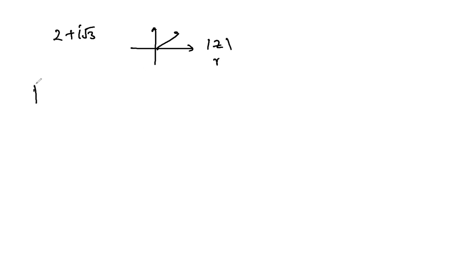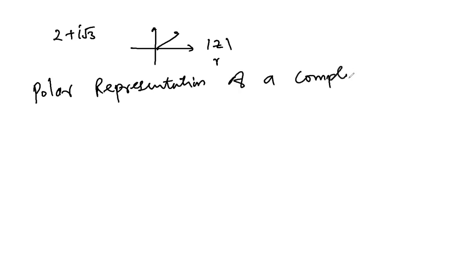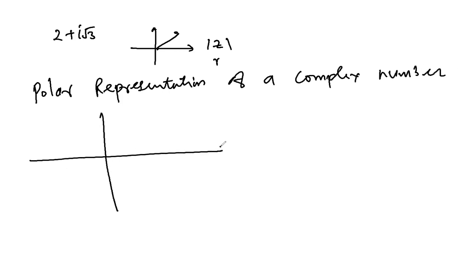Now the next is the polar representation of a complex number. This is very simple. As we denoted a complex number in a plane, we took a point and connected it with the origin O, and said that this is r, and this point is x and y.